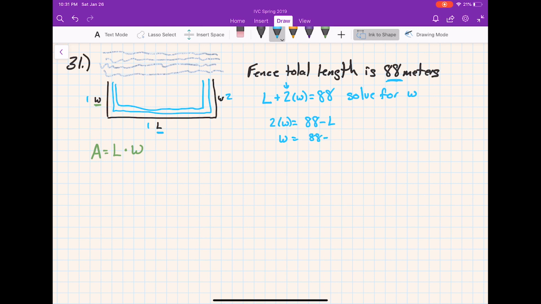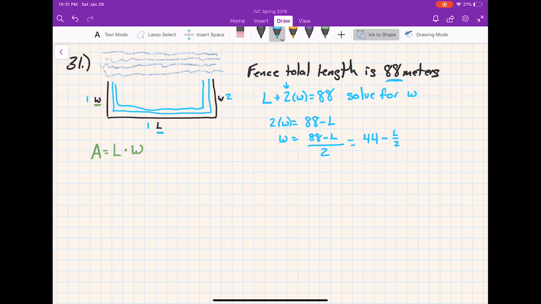It's going to be 88 minus L all over 2. There you go. Or another way we could write this is 44 minus L halves, or 1/2 L, or L over 2. We'll just put L over 2 here.